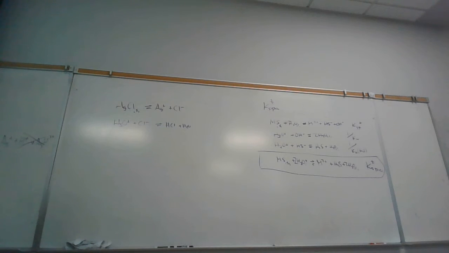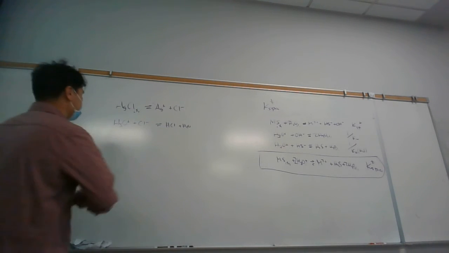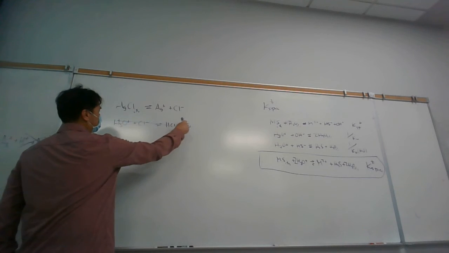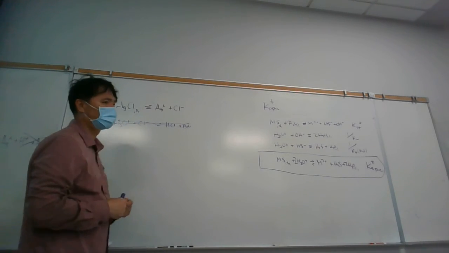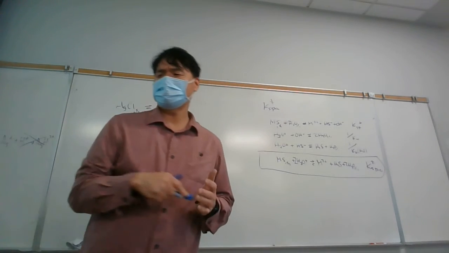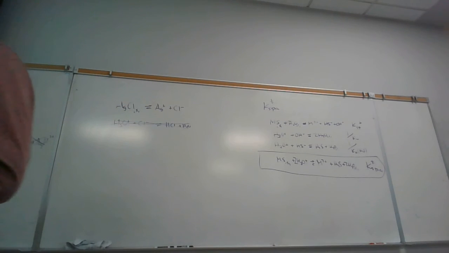And so for this one, we can't adjust the pH. We can't make it more acidic. If we make it more acidic or less acidic, it really doesn't change anything.